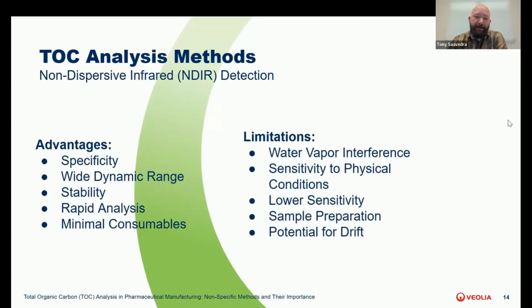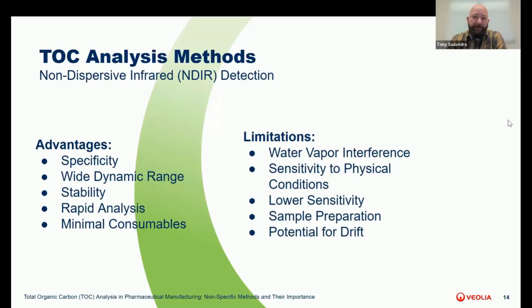This method also has some advantages and limitations, so let's start with the advantages. CO2 has a unique absorption spectrum in the infrared range, making this method highly specific for CO2 detection. In addition to being highly specific, NDIR can operate across a broad range of concentrations from low ppb to high ppm TOC levels.